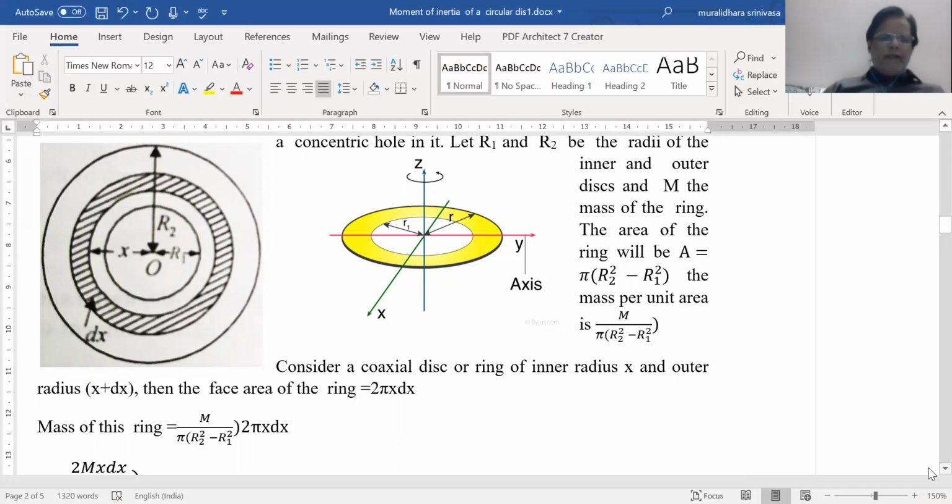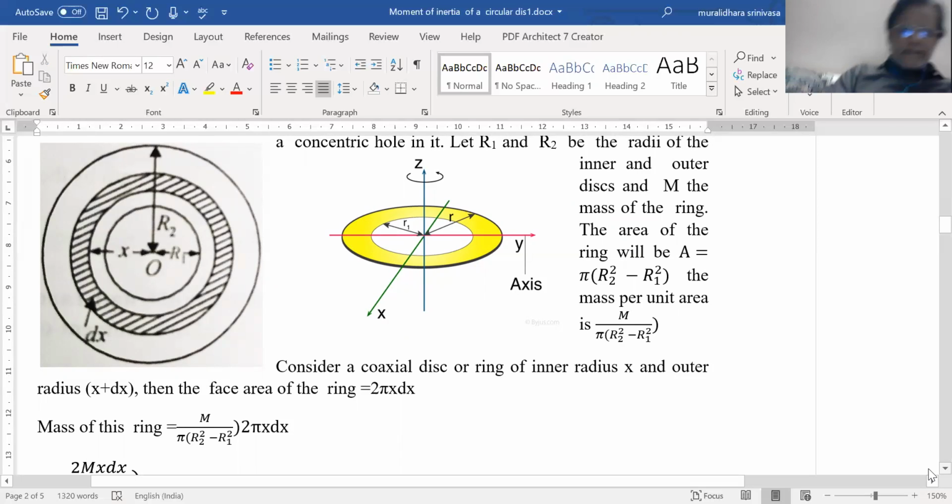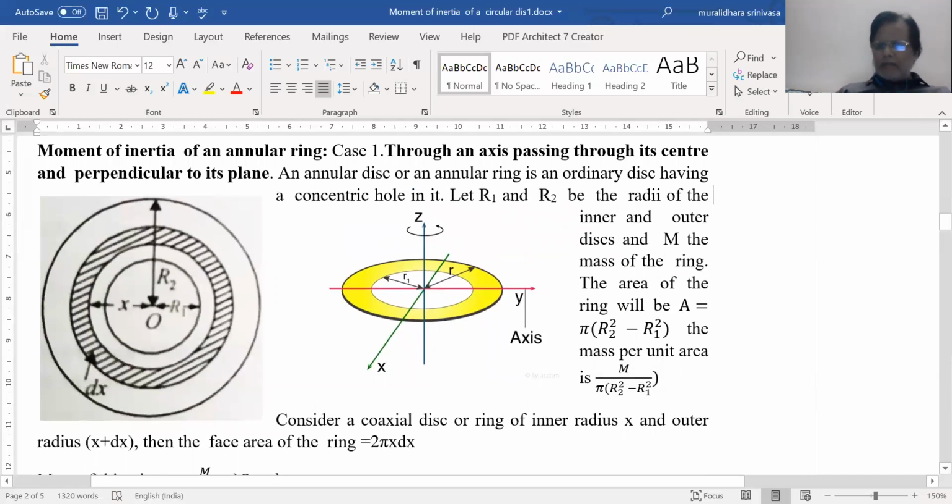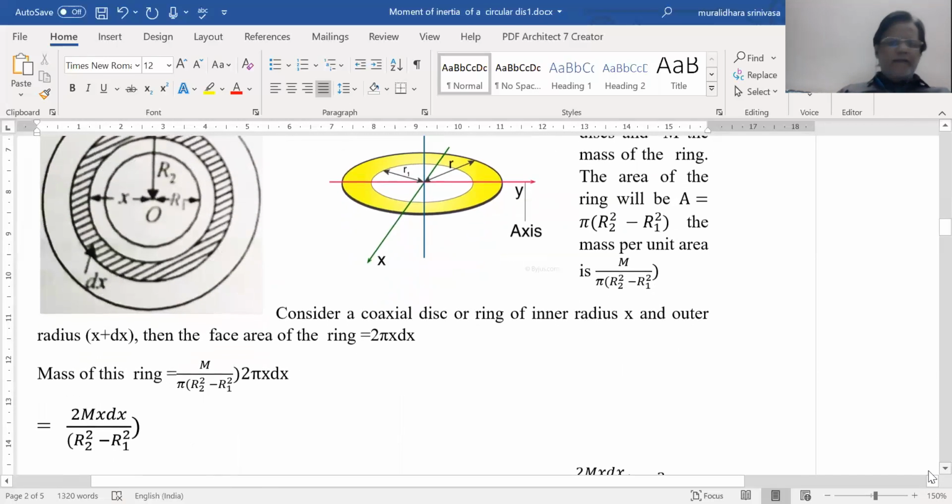Now what we do is, we consider another coaxial disc. The shaded portion on the diagram on the left is the annular disc or ring of inner radius x and outer radius x plus dx.